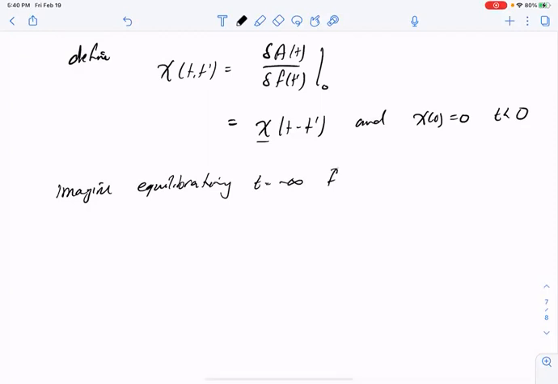So slightly different from what we imagine, saying f of t is equal to f bar from t is minus infinity to 0, and at t is equal to 0, turning f off.